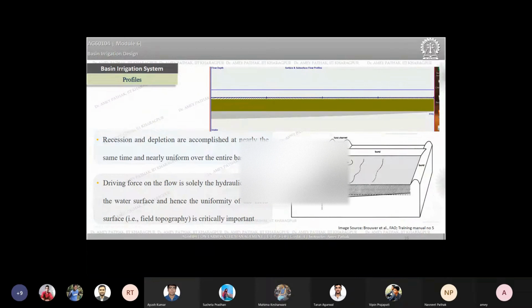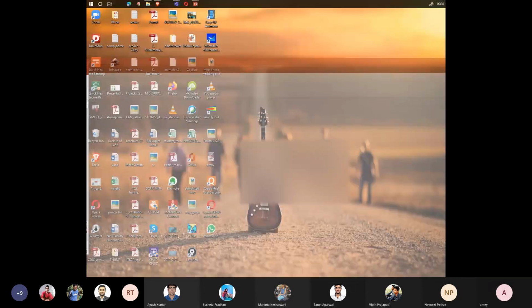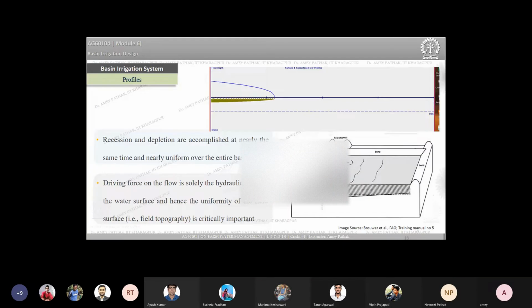Let me. So what is the bottom slope? Sir, is it bed slope?